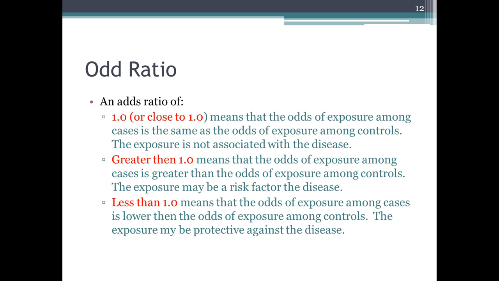An odds ratio of 1 would mean that the odds of exposure between the case and the control is the same, and therefore the exposure is not associated with the disease. However, when you have greater than 1, it means that the odds of exposure among cases is greater than the odds of exposure among the controls, and there is a risk factor for developing the disease.